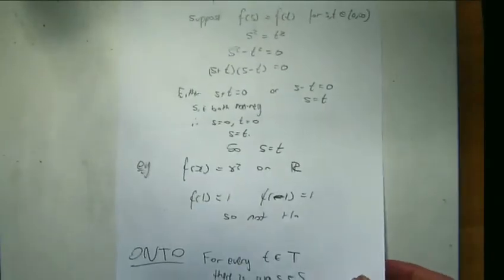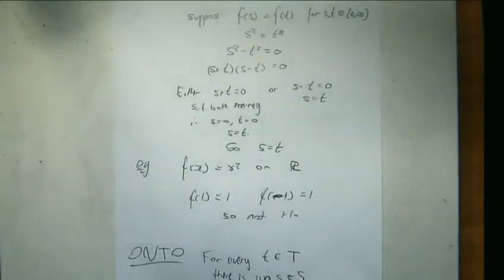If you use as your outcome space n, then it's not onto anymore. If you're thinking of x squared going from n to n, it's not onto anymore because not every natural number is the square of a natural number.